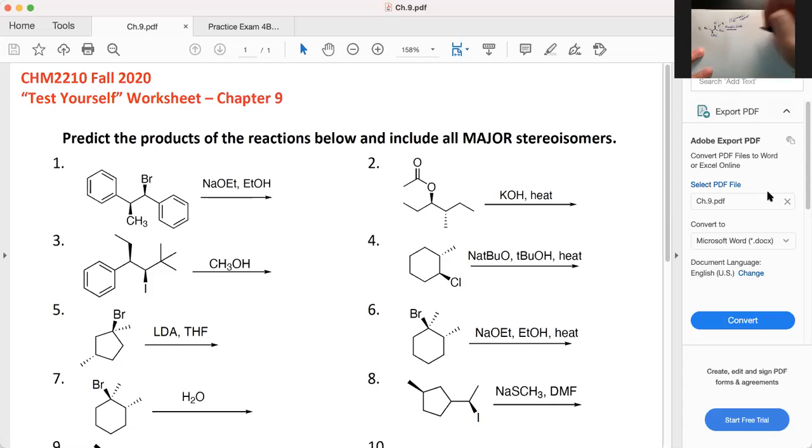So if I'm looking down that bond axis, the Newman projection turns out to be something that looks like this. Okay, and with respect to the front carbon, which is the leaving group over here, and the back carbon, which is the proton over here, they're anti-coplanar. They're definitely in the right orientation.